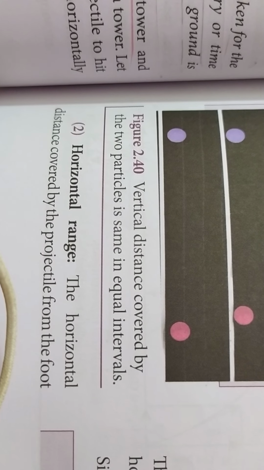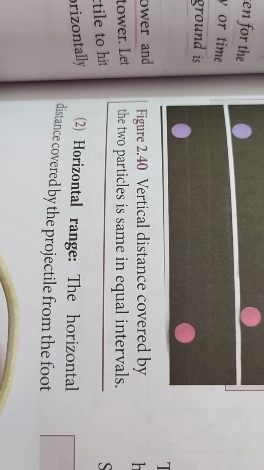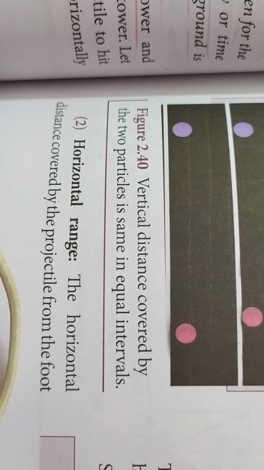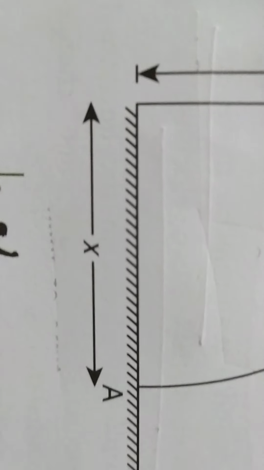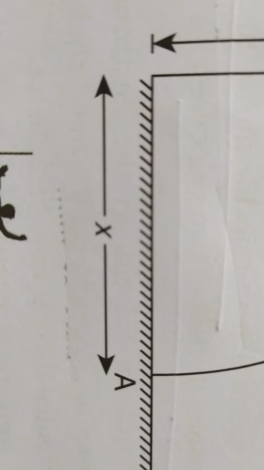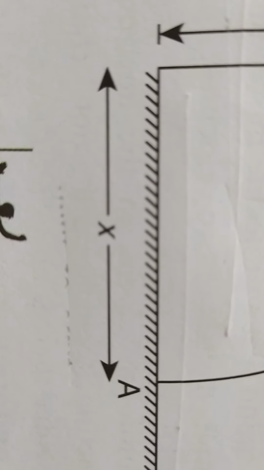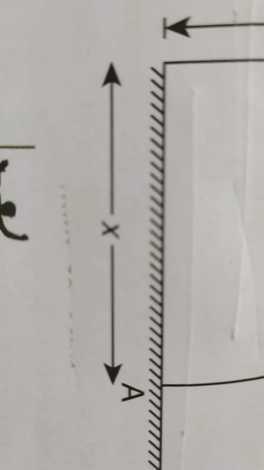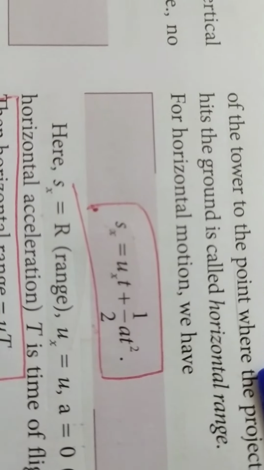Next we are going to see about the horizontal range. What is horizontal range? In this diagram, from the origin to A, this is the range. X is the distance covered by the projectile after reaching the ground, in the horizontal direction.